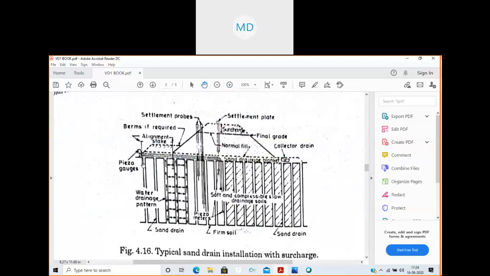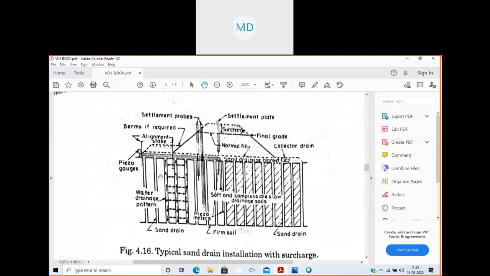And these vertical lines you are seeing are the wick drains or sand drains, we can say. Sand drain is also called wick drain. These are the vertical drains that are inserted, and now what happens, the pore water below moves in this direction or also in this direction. You can see here it is shown.